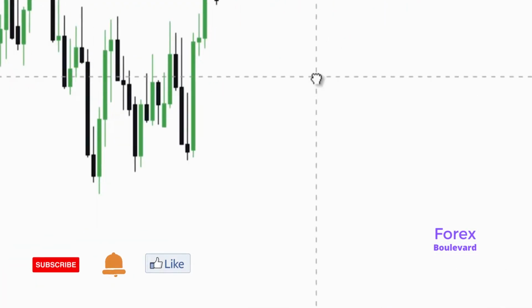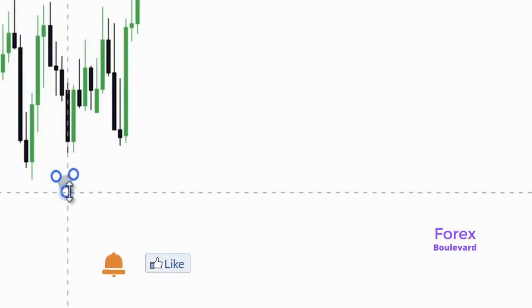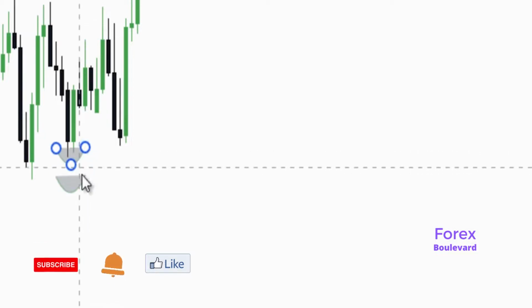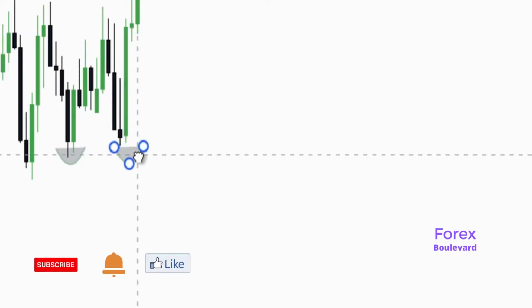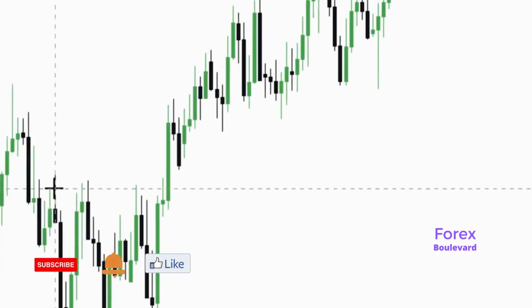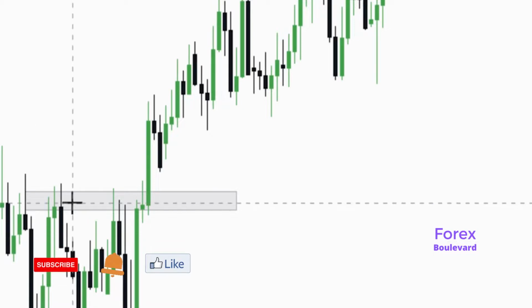Okay, so now I can actually see one here. So we have this here, and then we have this here, and then we have our neckline here. So this is what I see.